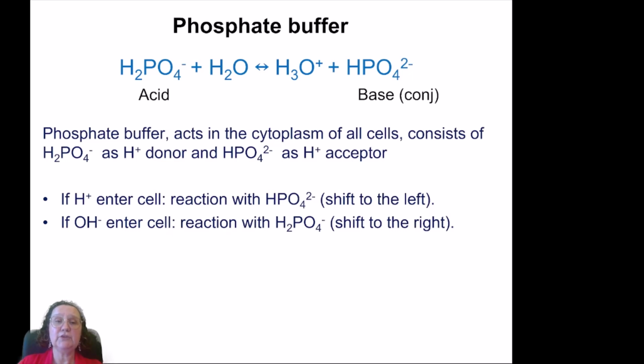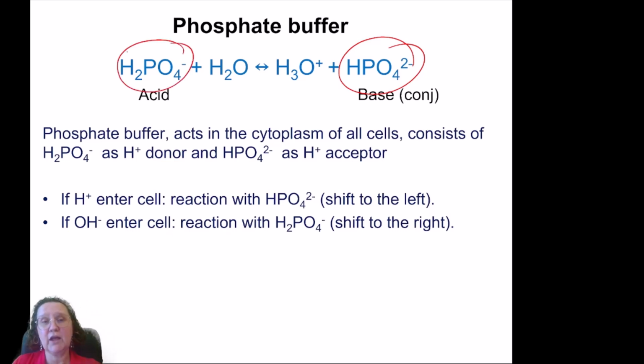So then you have a basic species that can react with acids entering the cell, and you have an acidic species that can react with bases entering the cell, like the hydroxyl, and then you keep the pH of the cytoplasm at appropriate levels, whatever acidic or basic species enter the cell walls.